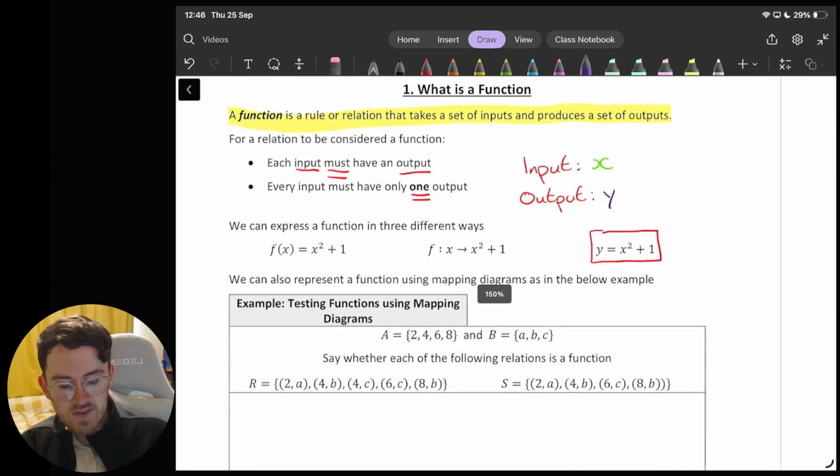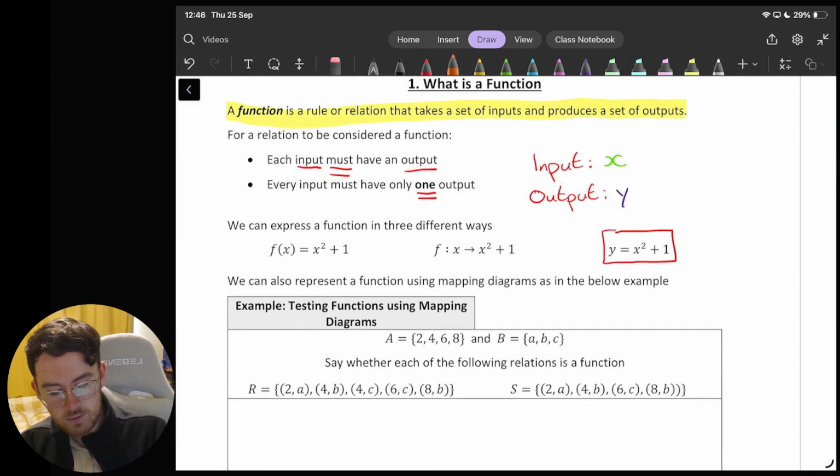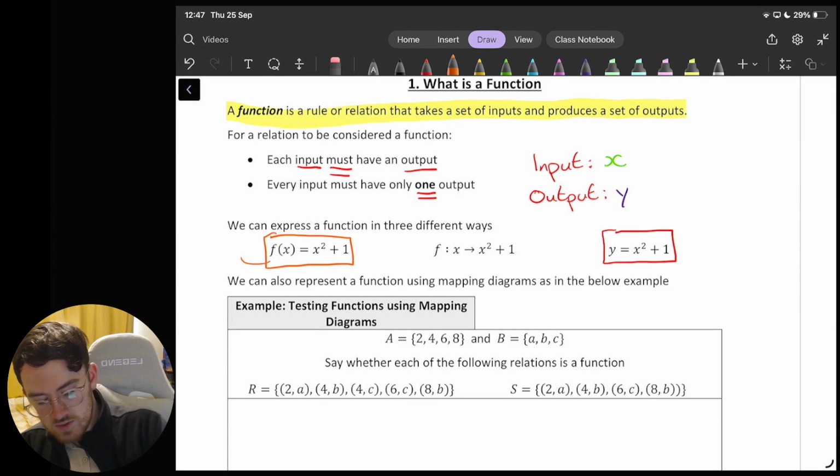The other way of thinking about it, I'm going to hop over now to the left hand side, is this notation here. We're going to get into the notation a little more later anyway. The way we would read this is f of x. The f stands for the function, it's the name of the function.